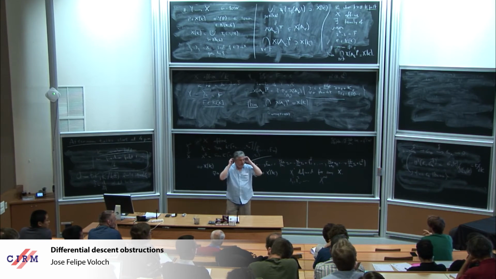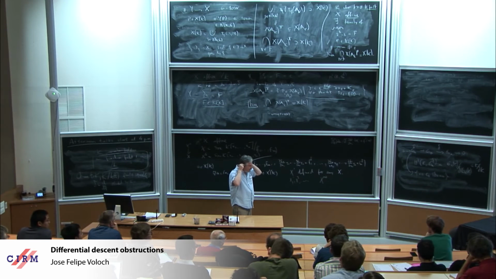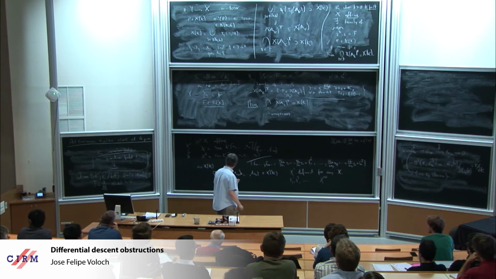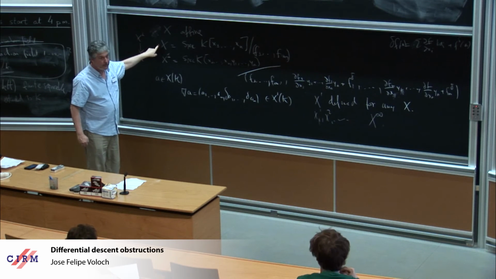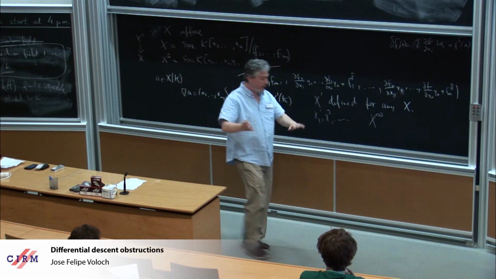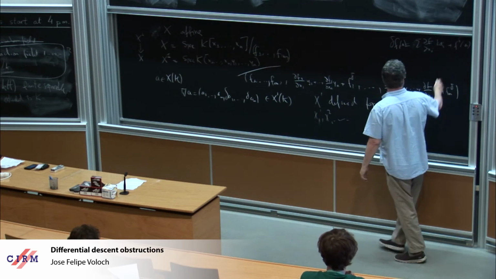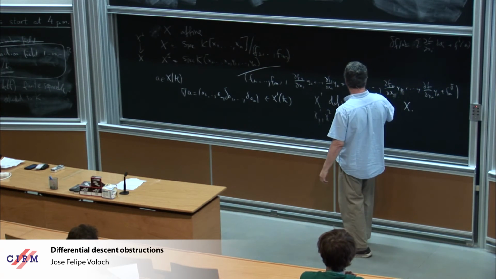Maybe this is the same question as Bjorn's. Can you say something about the structure of the fibers of the map? Yeah, so for X1 to X, this is a torsor for the tangent bundle. It's not the trivial torsor because of this guy, right?